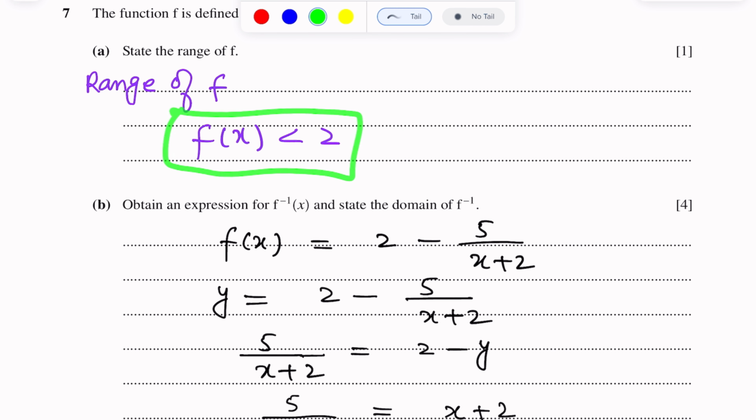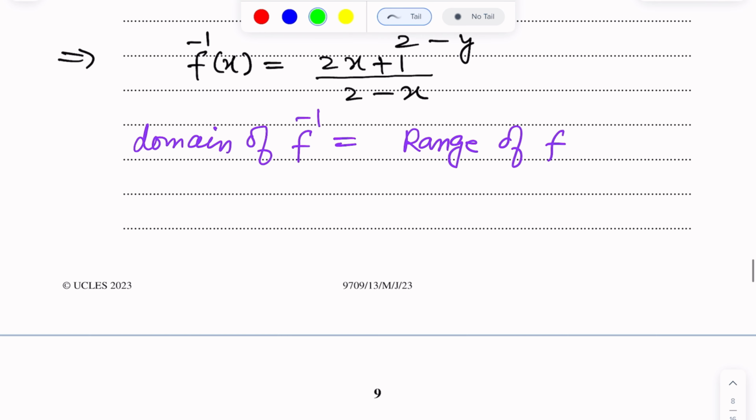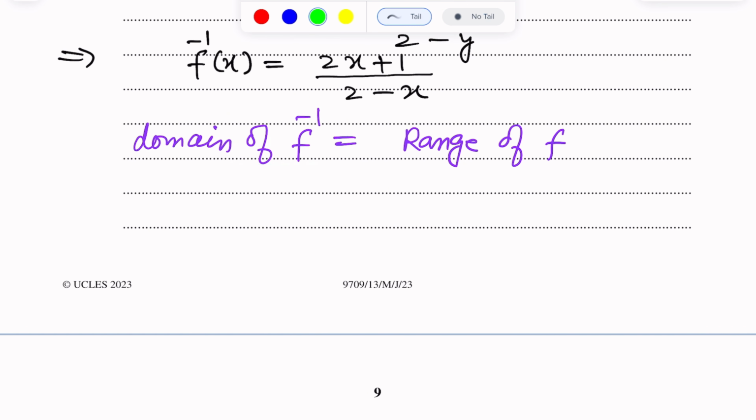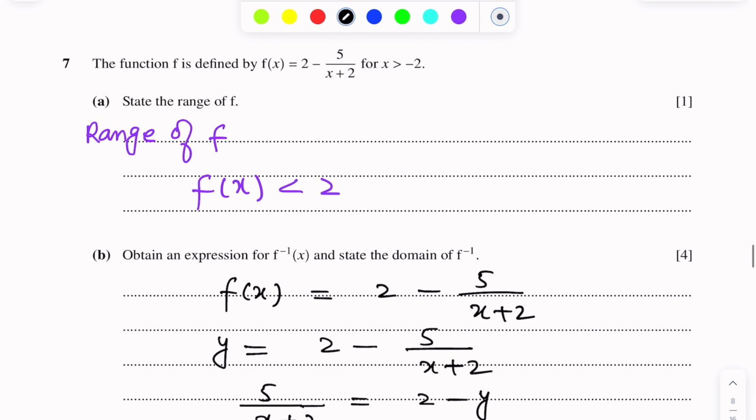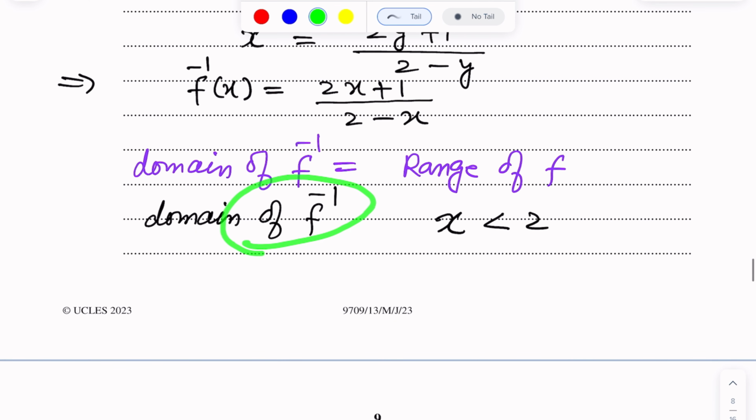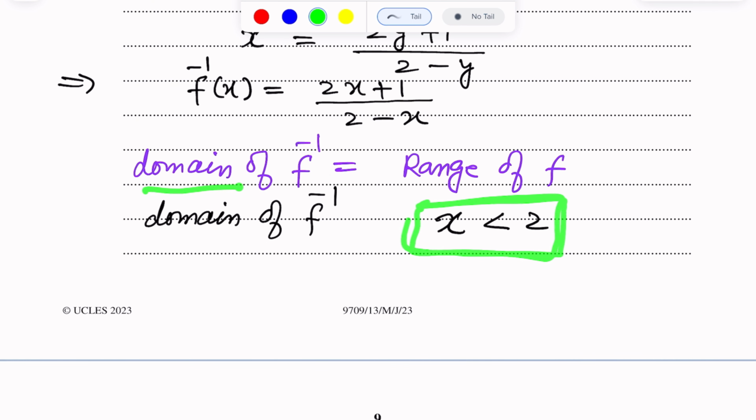The same will be the domain of f inverse. So the domain of f inverse will be x < 2.